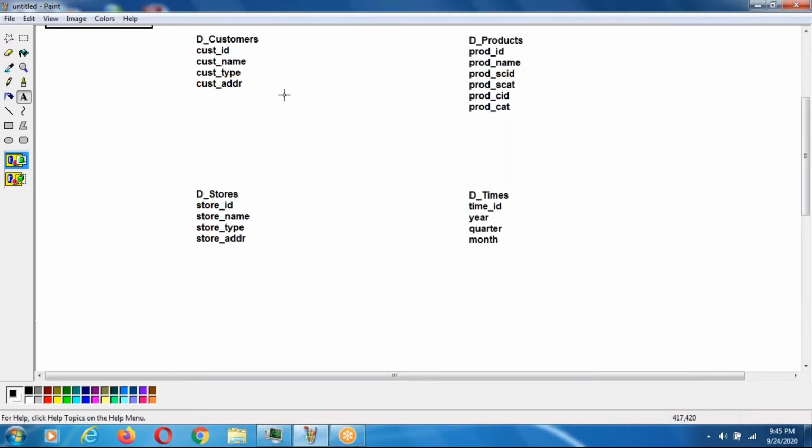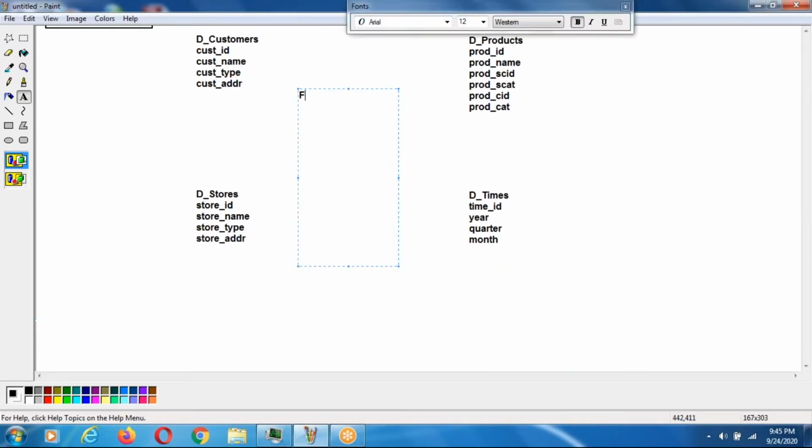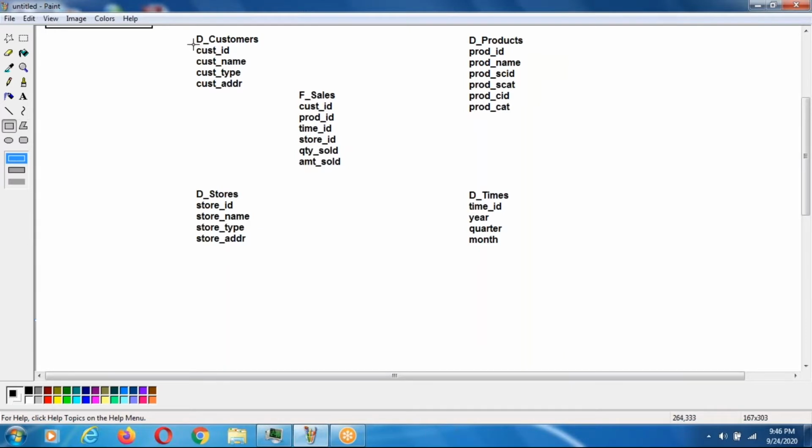All these are the dimension tables. And centrally, I'm having one more table called F underscore sales. This is a fact table. It is consisting of customer ID, product ID, time ID, store ID. All these are the foreign keys. Along with that, I'm having quantity sold, amount sold. For example, these are the tables I'm having. All the four dimensions are communicating with my fact table.